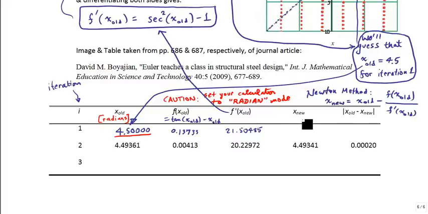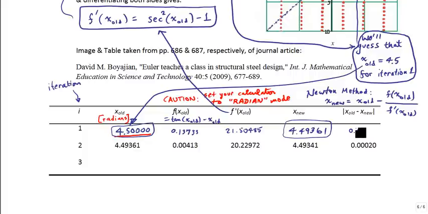Okay, so by doing that, you should now be able to find an x new value, and it comes out to being 4.49361. And now take the difference of this value and the first value that we started with, and if you subtract that and do it in absolute terms, the difference is already, you'll see that it's kind of small.